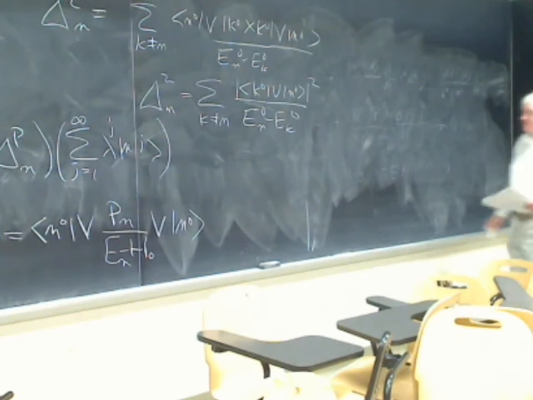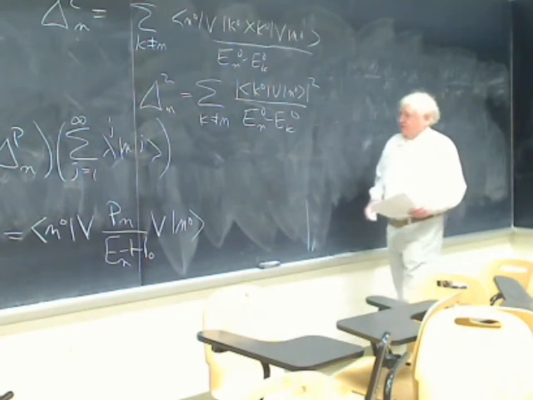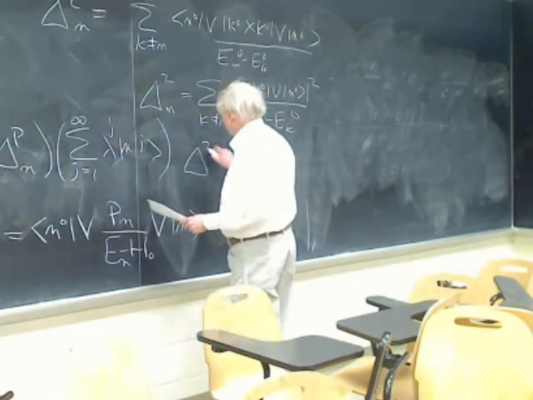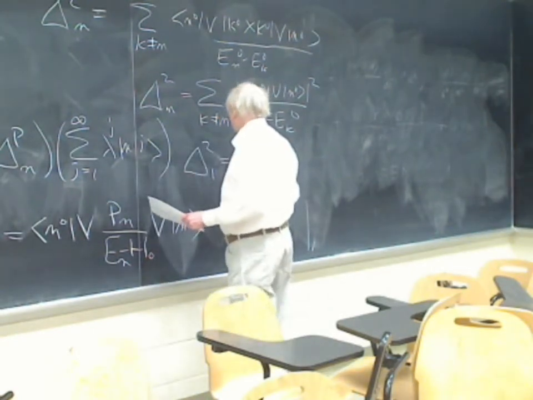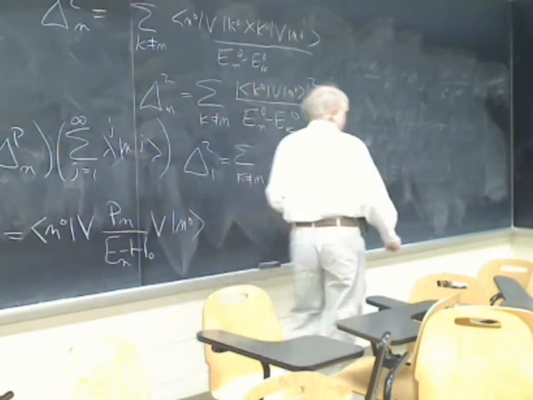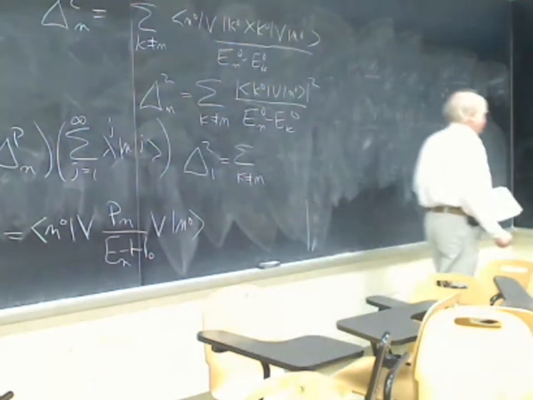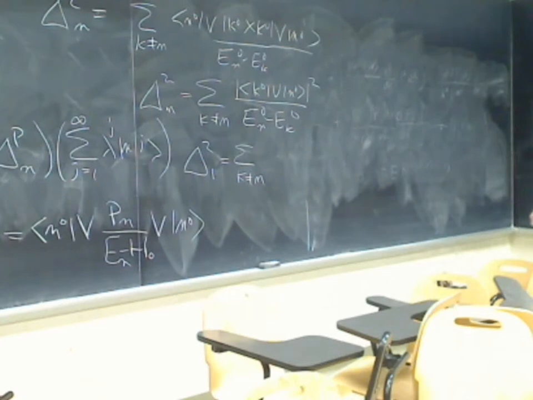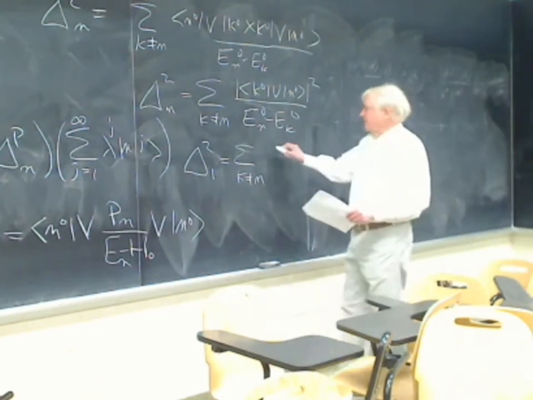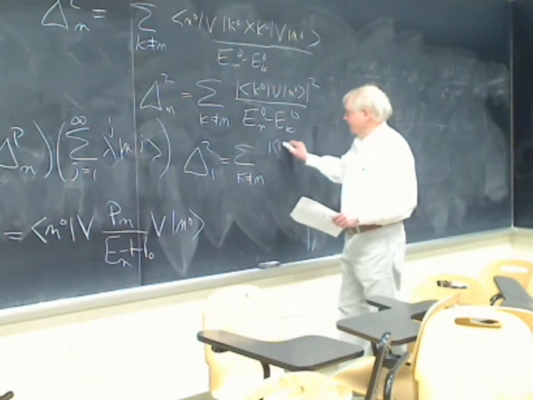All right, now let's look at this and learn something very simple. Namely, let's look at the second order correction to the ground state. Remember, we're always in the case where this nth state is non-degenerate.